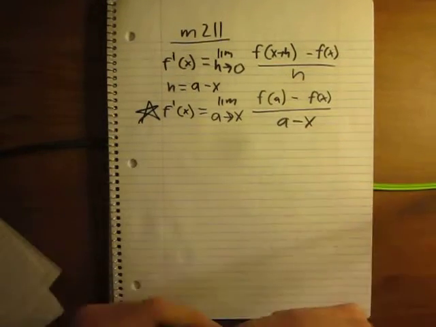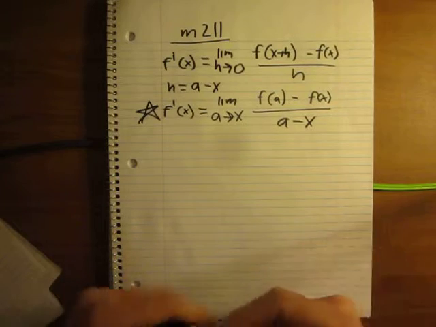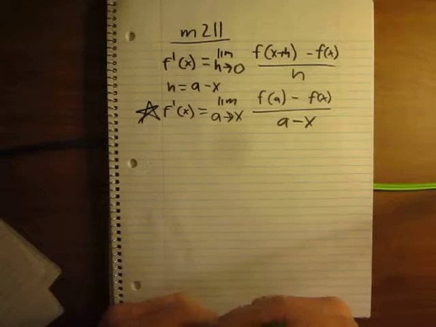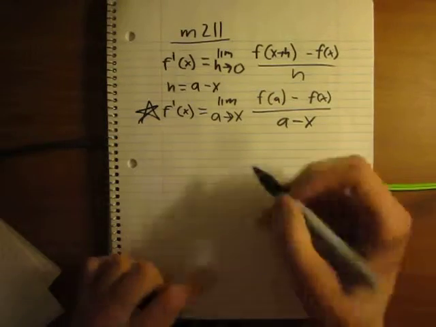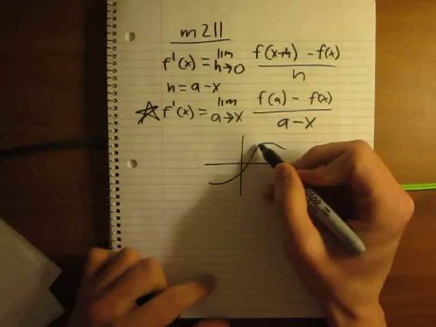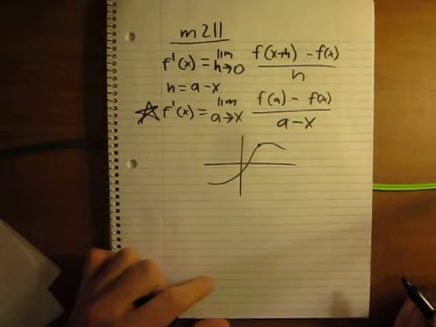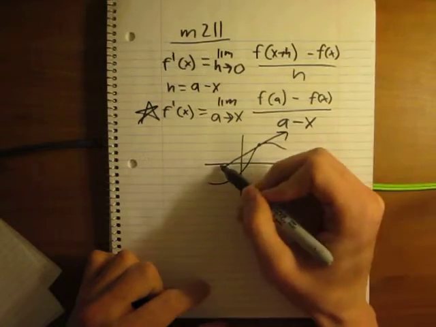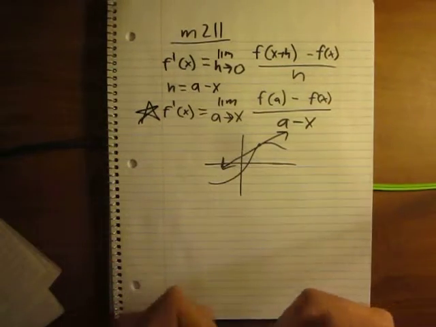This part might look familiar because it's a slope, and at the end of the day that's what a derivative is, a slope. For example, if you have a curve and you want to take the derivative at a certain point, what you're really doing is finding the slope of the tangent line at that point.